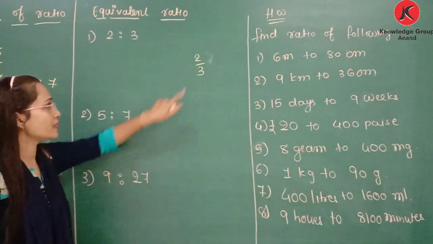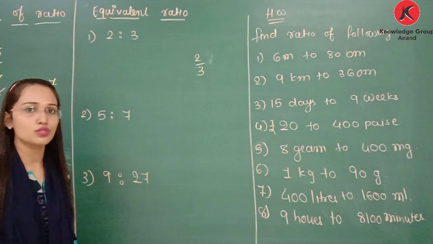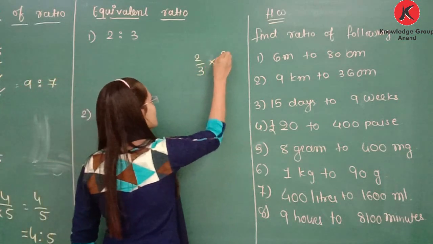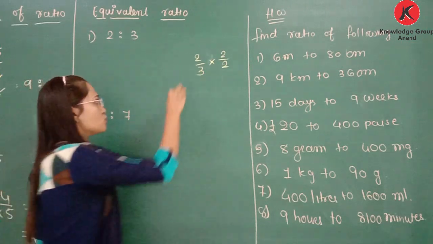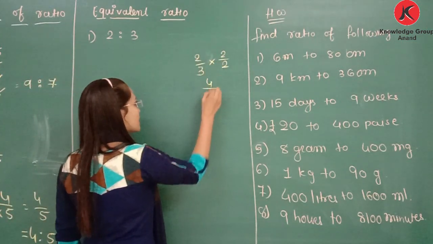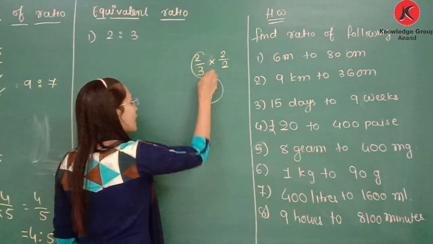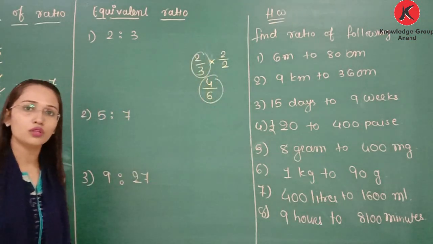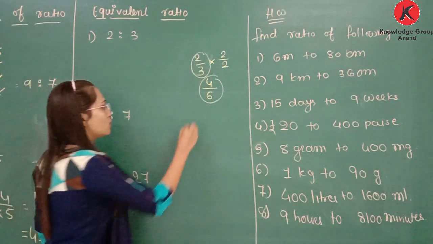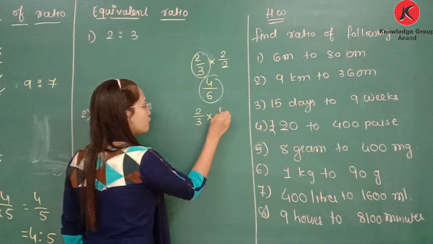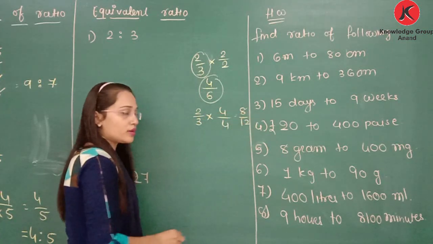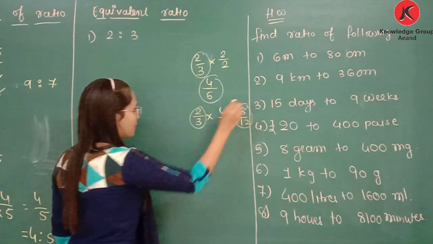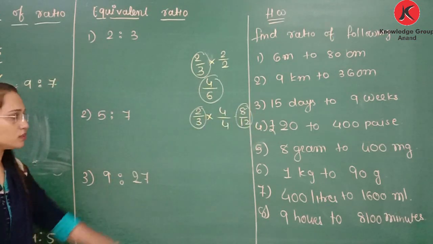Now we need to find the equivalent fraction of 2 is to 3. We multiply it with some number. You can take 2, 3, 4, any number. So 2 twos are 4 and 3 twos are 6. So 4 by 6 and 2 by 3 are called equivalent fractions. If 2 by 3 is multiplied with 4 by 4, it is 8 by 12. So here 2 by 3 and 8 by 12 are called equivalent fractions.